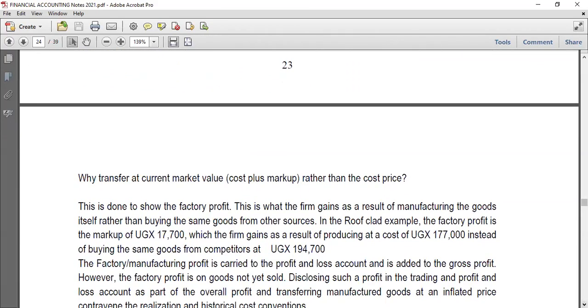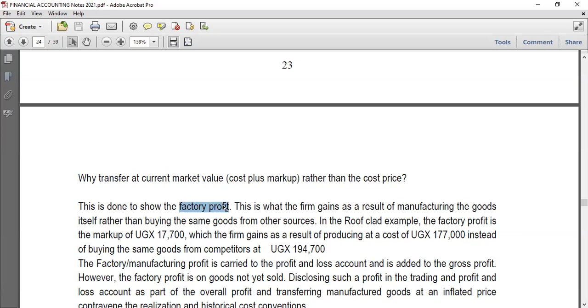Now, of course, this is just saying why transfer at current market value or cost plus rather than cost price. Why shouldn't you transfer at 177 but then transfer at 194,700? And of course, the whole process is simple. We've already classified it as something to do with the factory profit, okay?